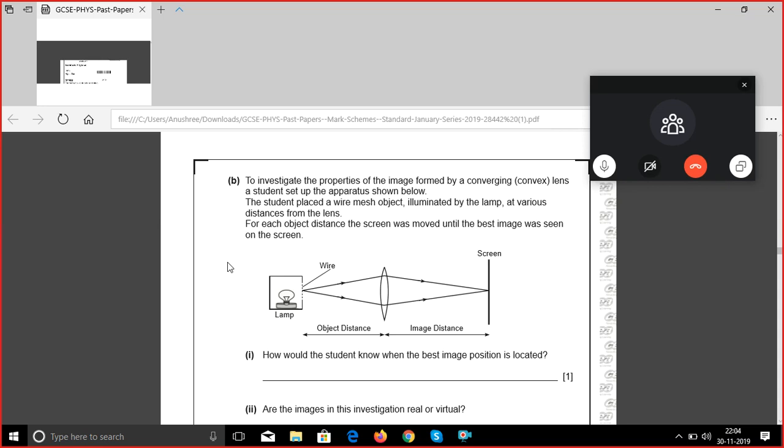How would the student know where the best image position is located? The image would be sharp and clear. Yes, more focused, you can say sharp and clear or sharp and distinct.